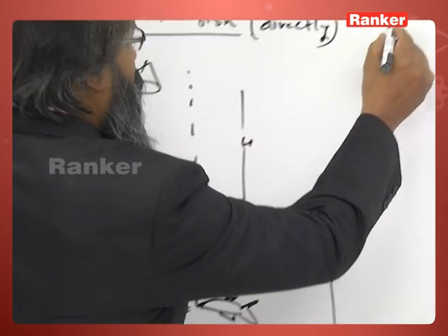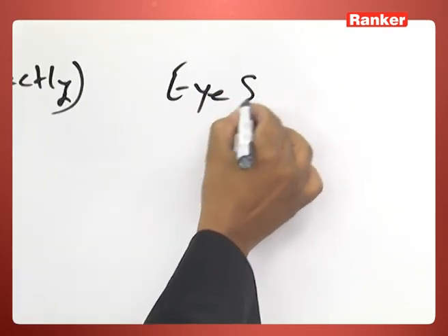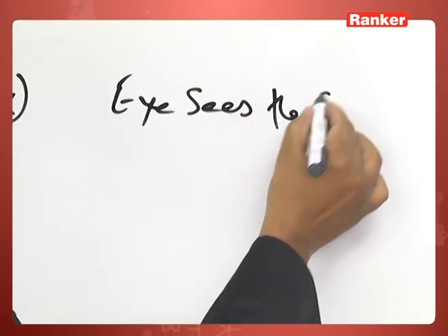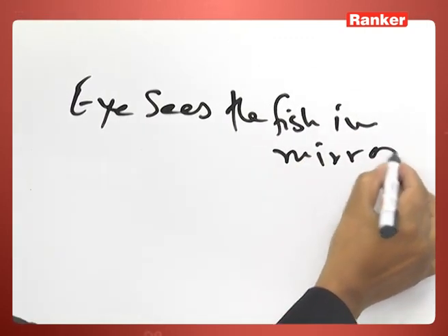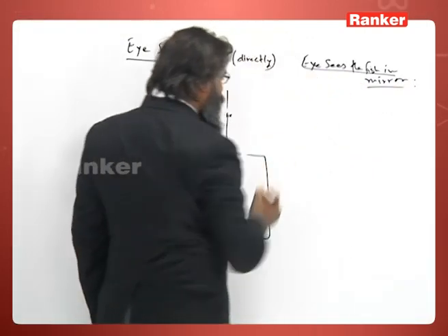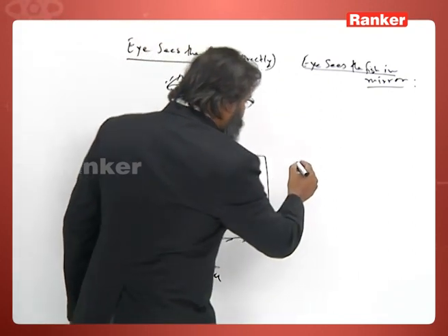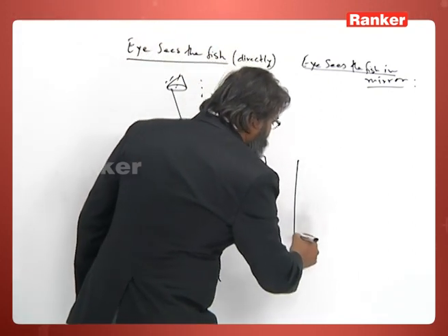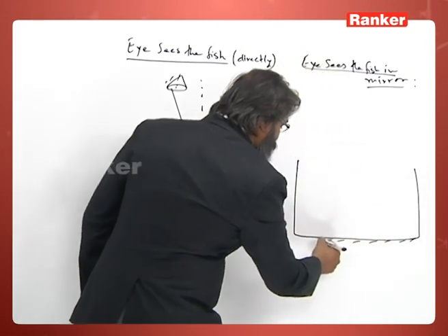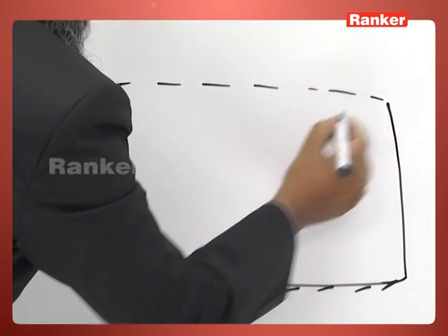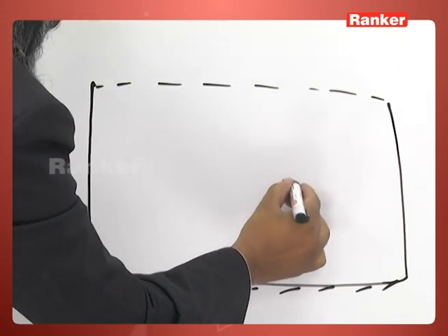Now, next case, the eye sees the fish in the mirror. If this is the case, this is the plane mirror and this is the fish f.